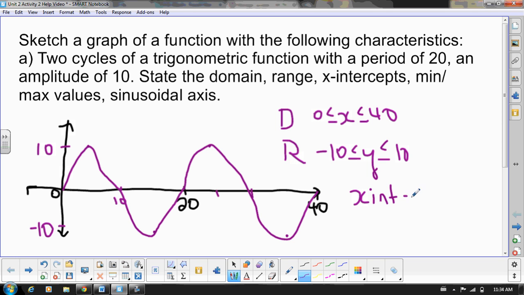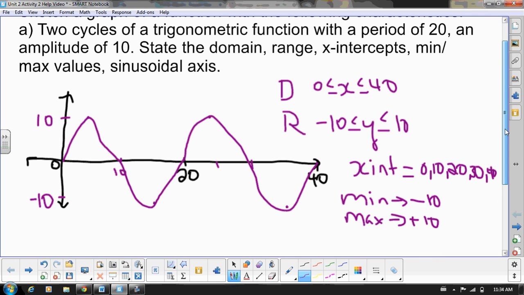Now the x-intercepts, they are going to equal 0, 10, 20, 30, and 40. The min is at negative 10. The max is at positive 10.